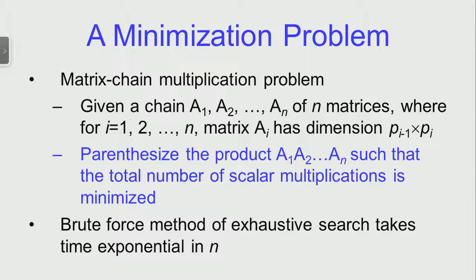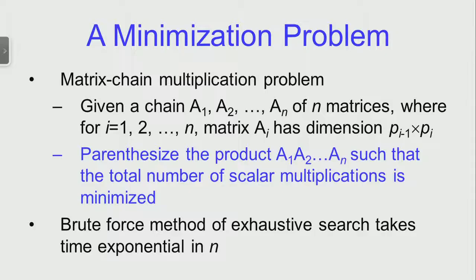The goal is to parenthesize this chain A1, A2 to An, so that the total number of scalar multiplications is minimized. Recall from the previous example that different parenthesizations give rise to different numbers of scalar multiplications, and our aim is to choose the optimal parenthesization to minimize the total number of scalar multiplications.